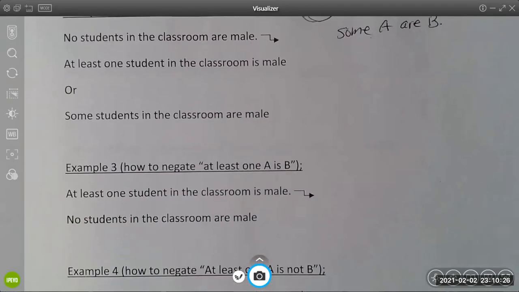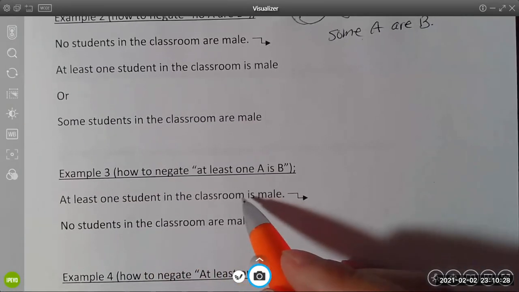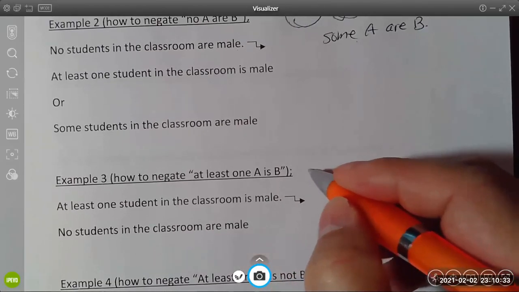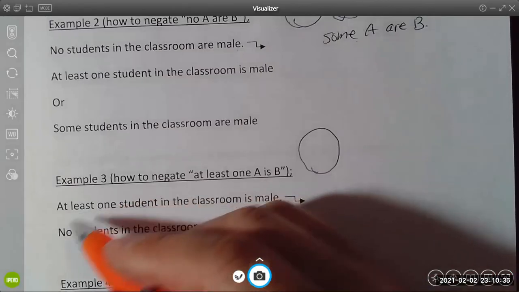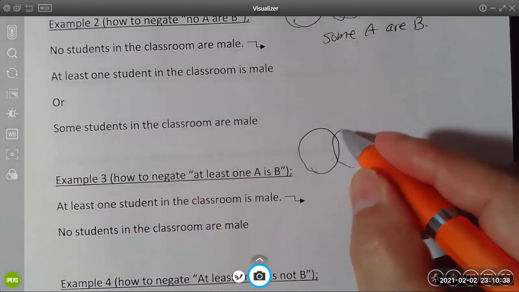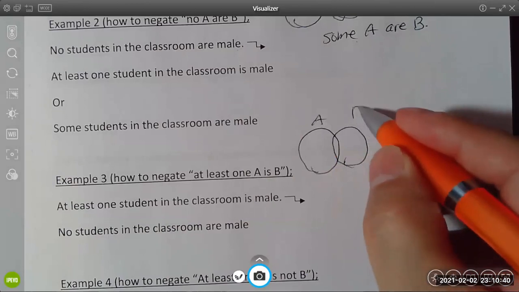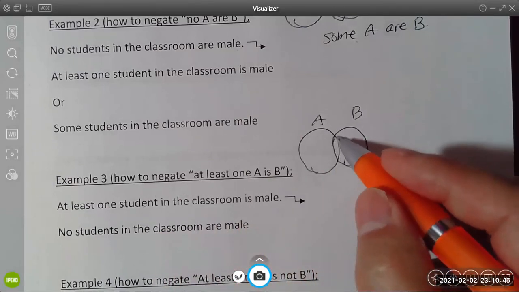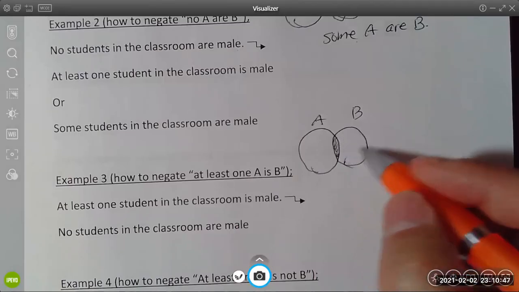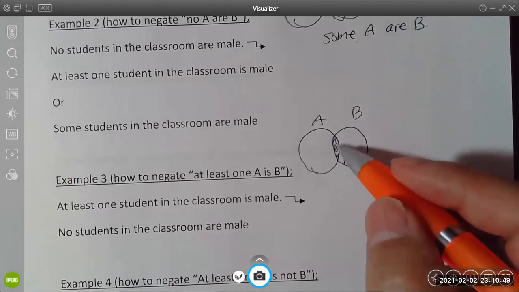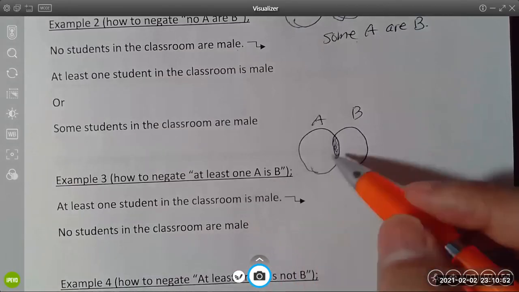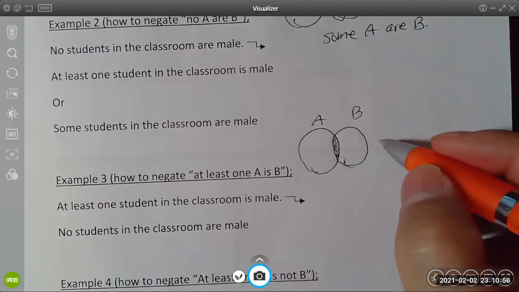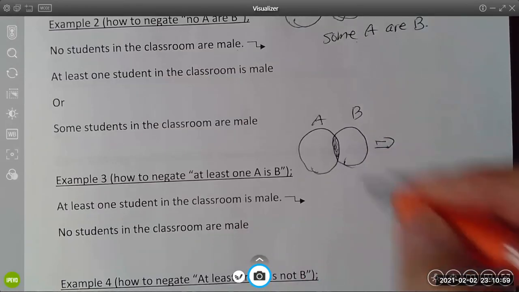Now, third one: how to negate at least one A is B. That's the original. Whenever you have at least or some, that means they have overlap. This is A, this is B. The original, at least one A in B, refers to this part. At least some of it is in B. At least there's one in here, in B. That's called at least one A in B. Now, if you want to change this, how do you change it so that it's not true anymore?